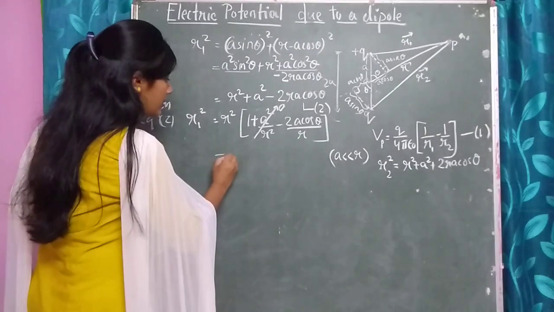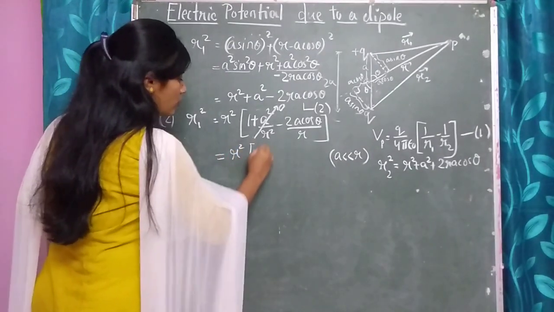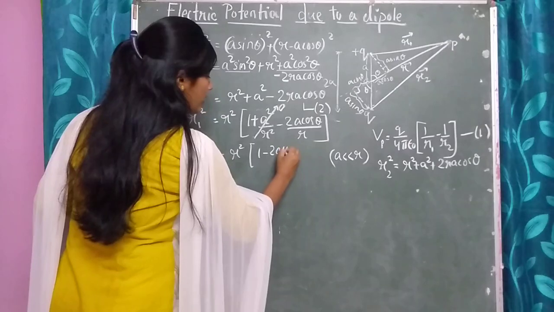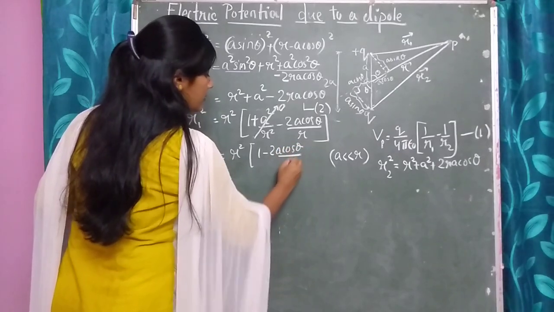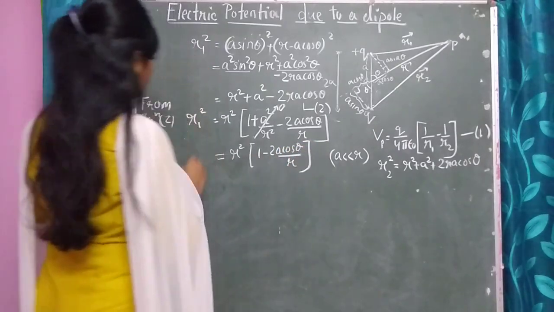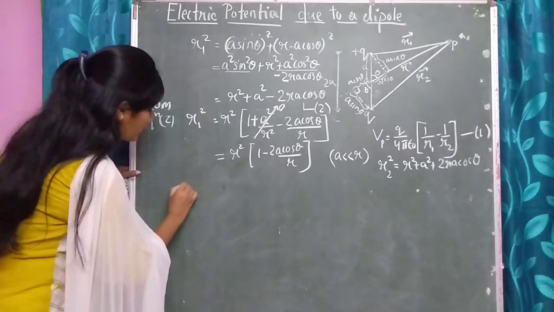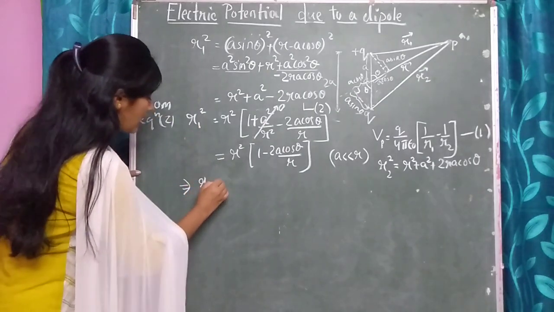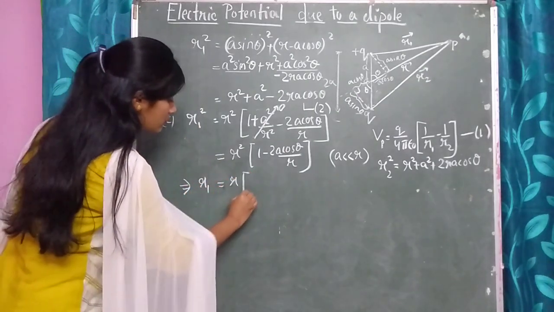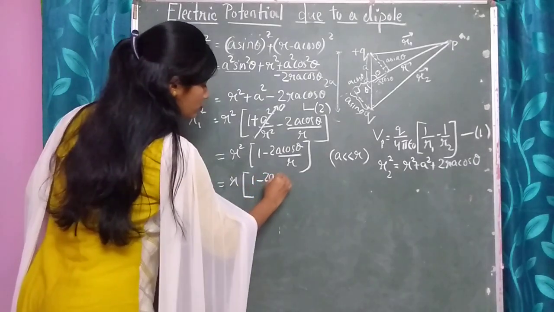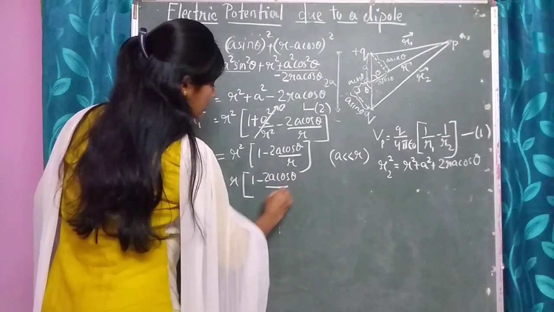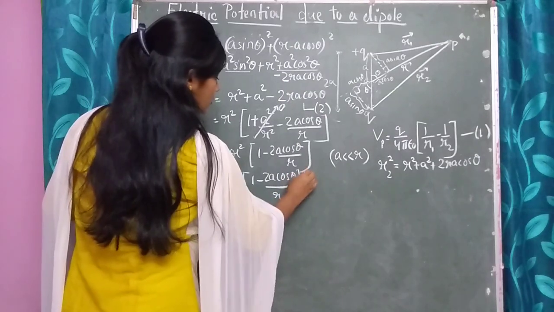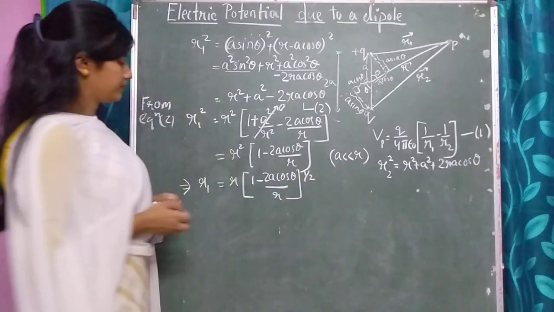So now I will write r square times 1 minus 2a cos theta by r. Now remove this square. So r1 becomes r times (1 minus 2a cos theta by r) to the power half.